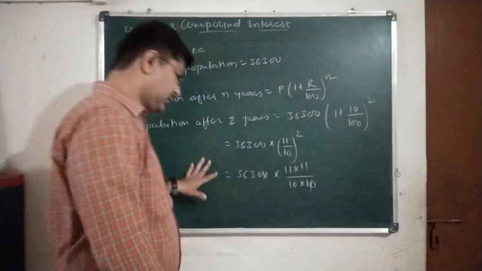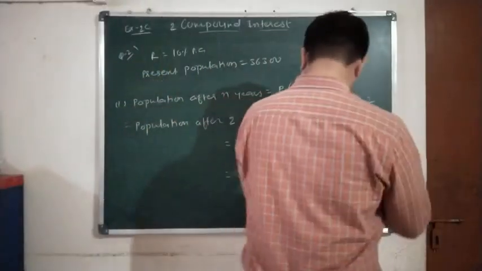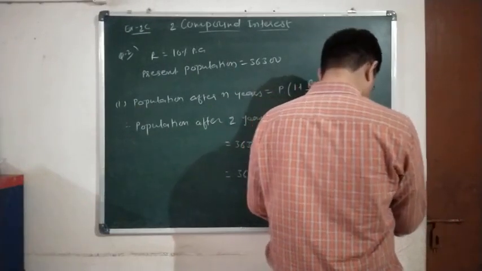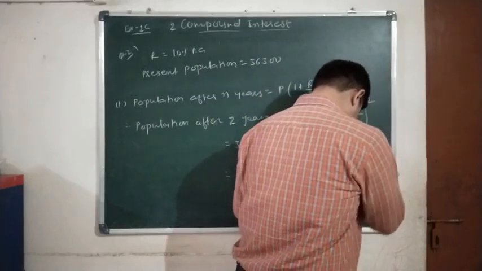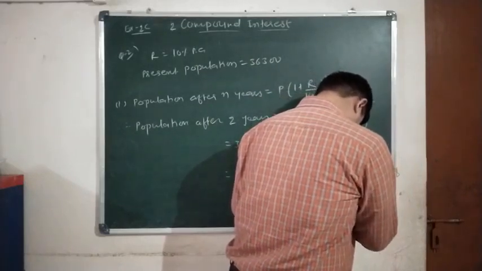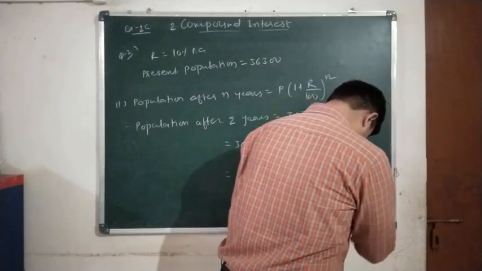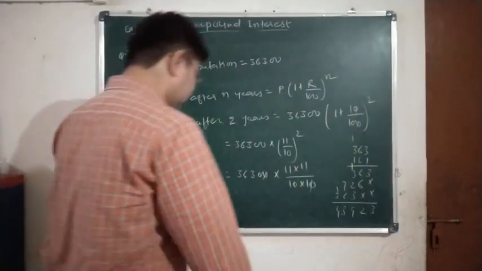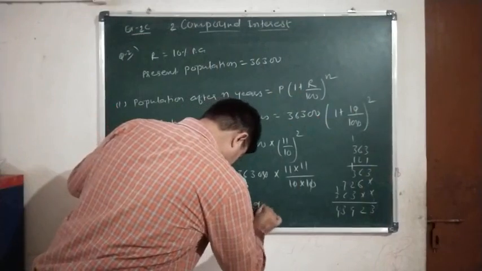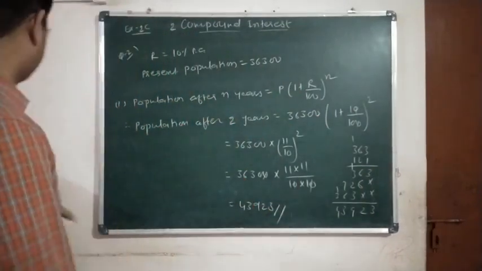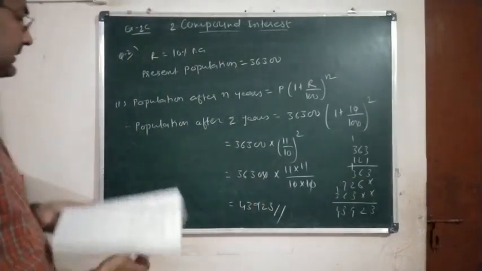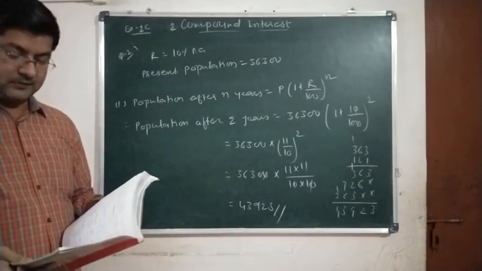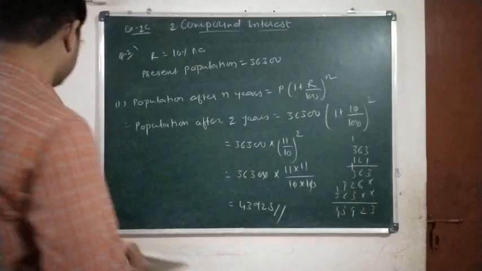We can reduce the two zeros. 121 into 363 gives 43,923. This is the first answer, the population after 2 years. Now we have to find the population 2 years ago.